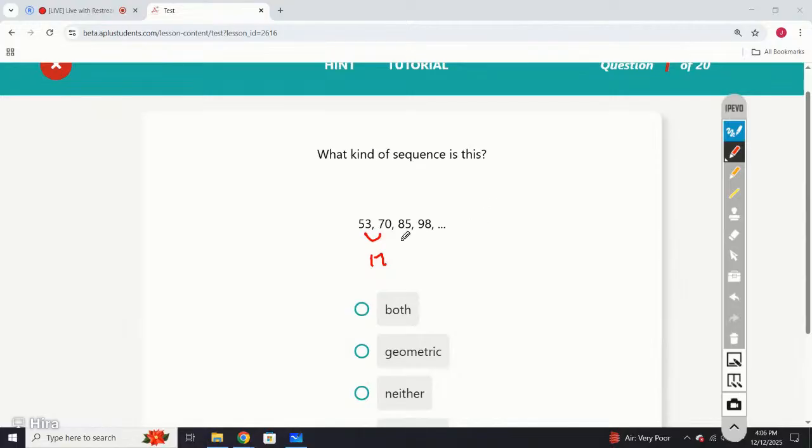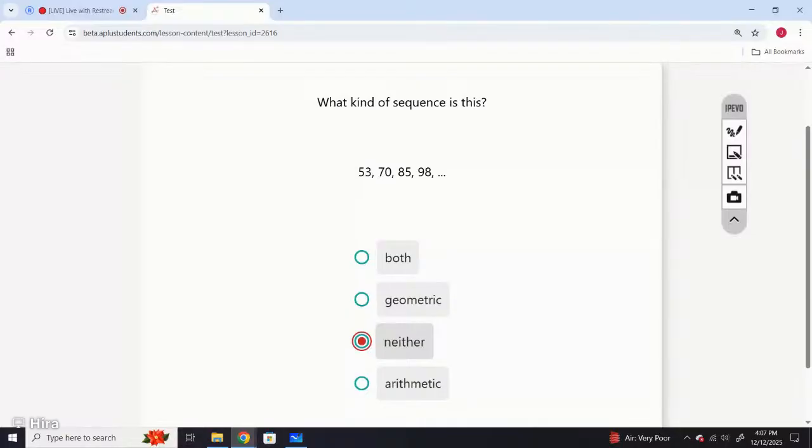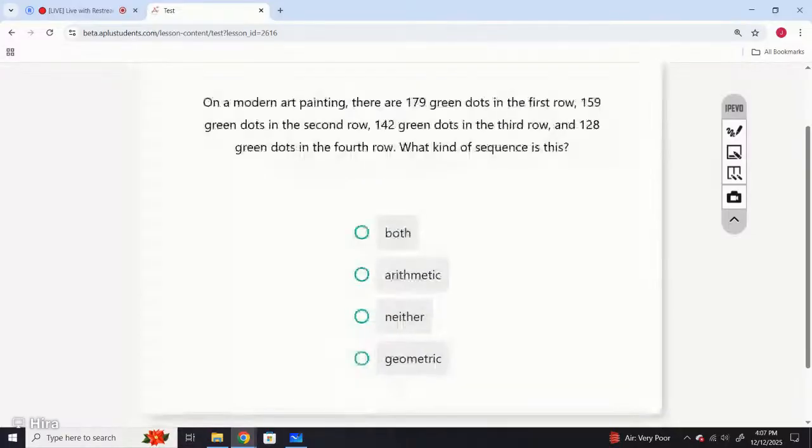Then 85 minus 70 is 15. Then 98 minus 85 is 13. So that is neither arithmetic nor geometric. The correct option is neither. Option number 4 is the correct option.